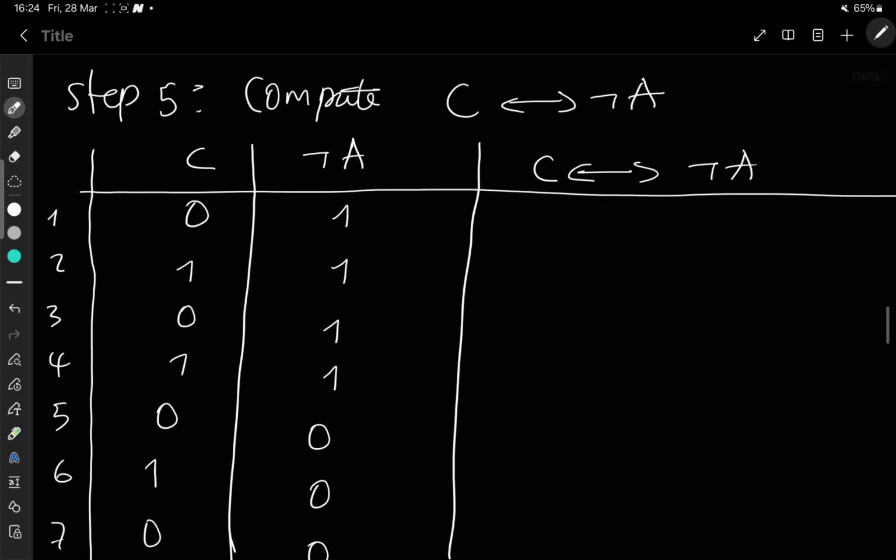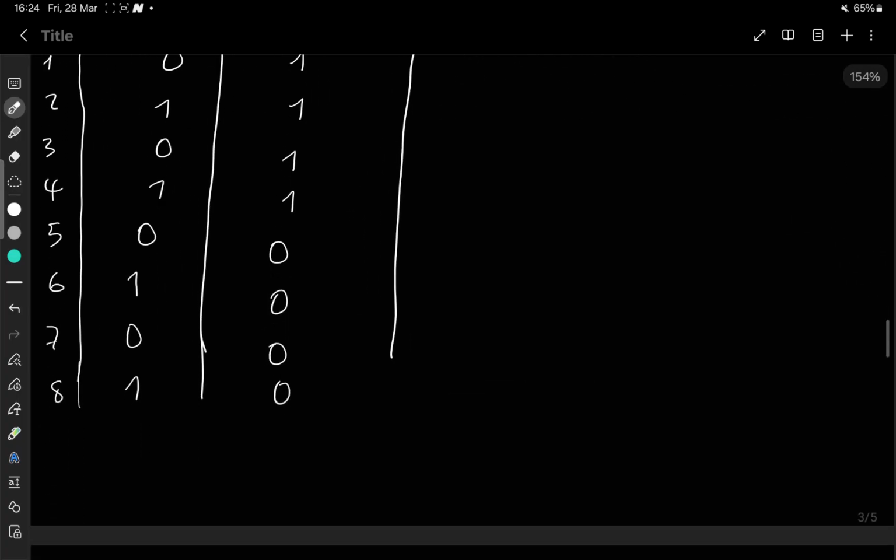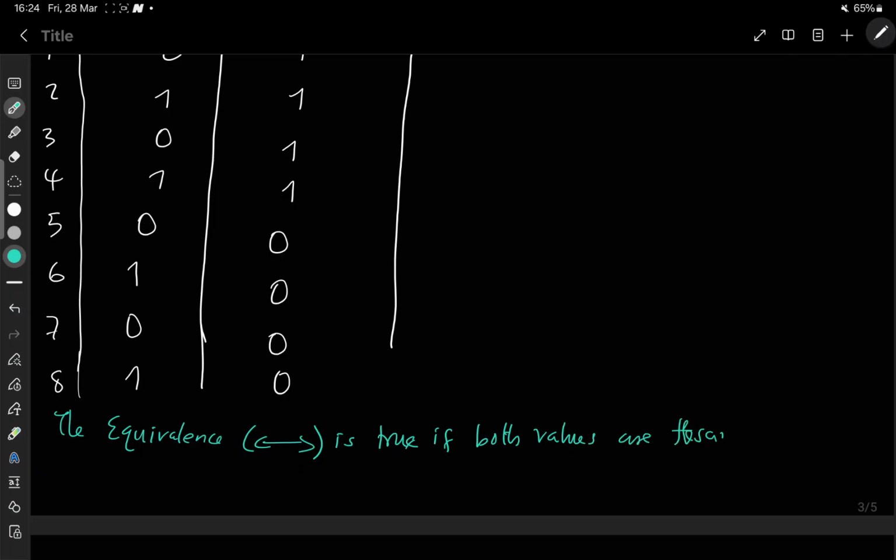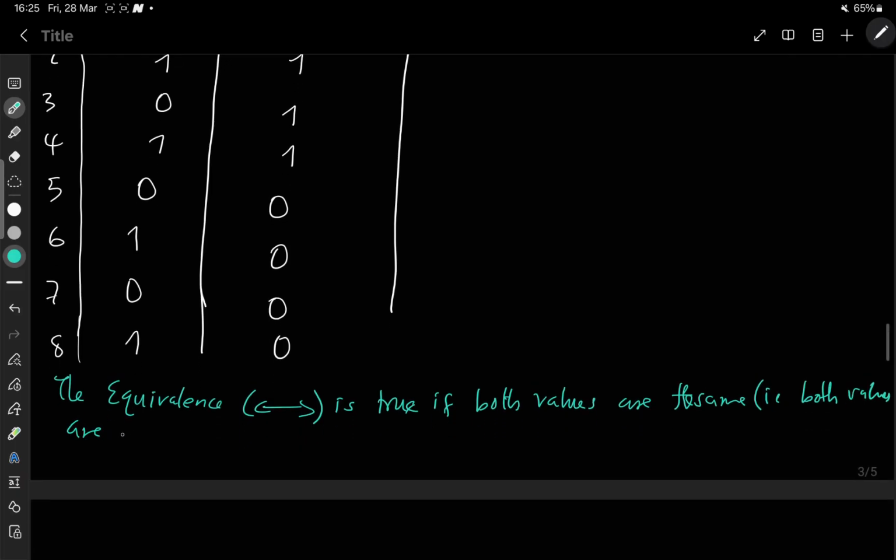So the rule governing this by implication formula equivalence states that, okay, let's write it down. The equivalence is true if both values are the same, that is, if both values are 0 or 1, so they are the same, otherwise false.